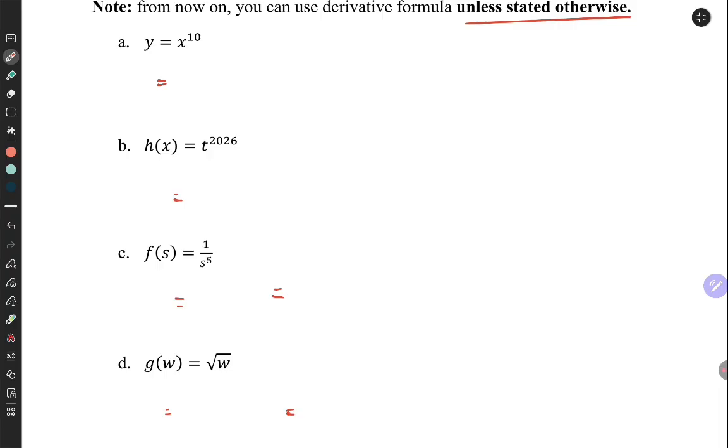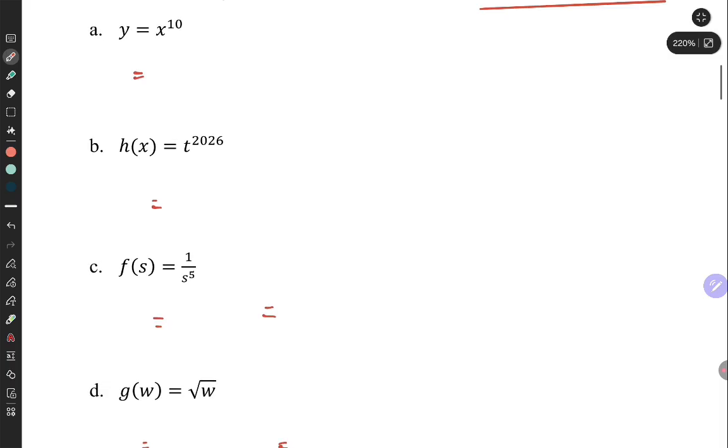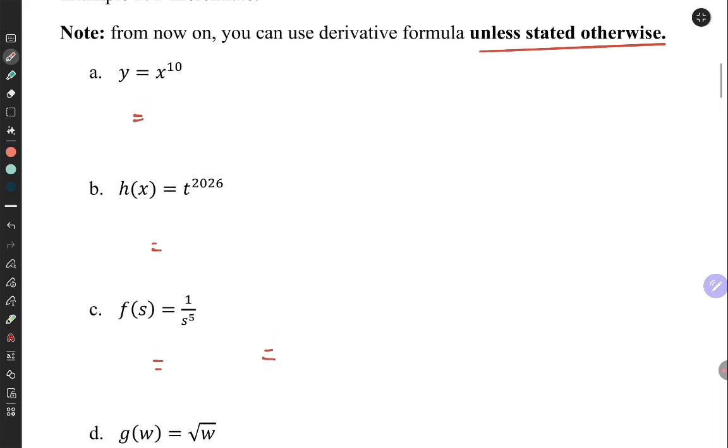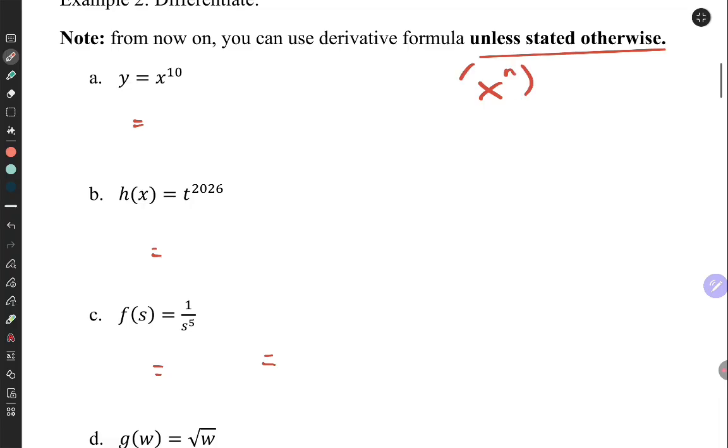Okay. So each one of them is just a bunch of power rule, right? You just have to identify the correct power, right? That is the one we're looking for, right?